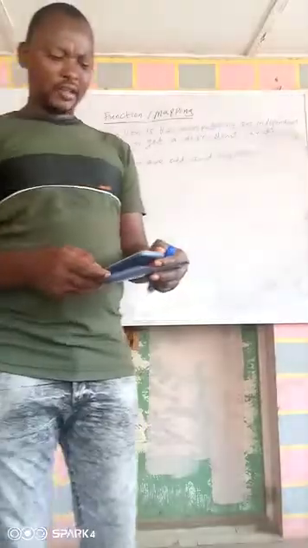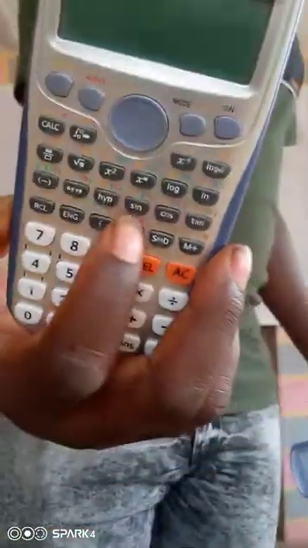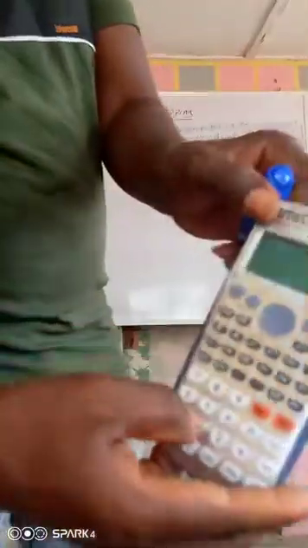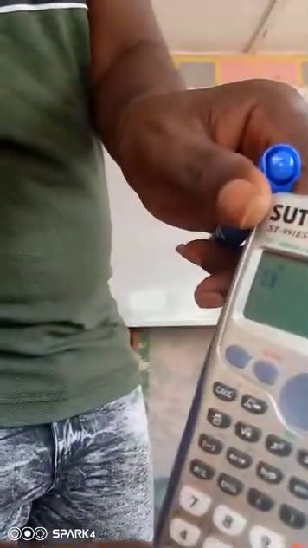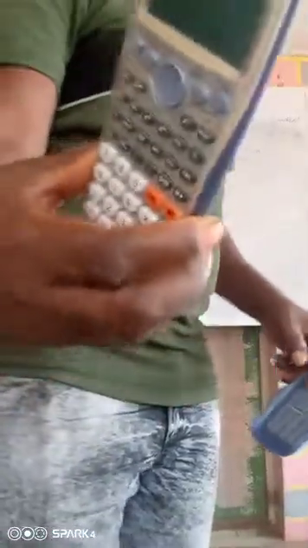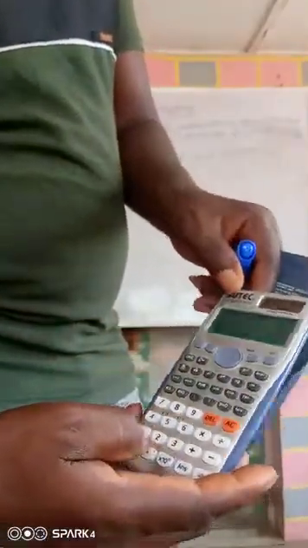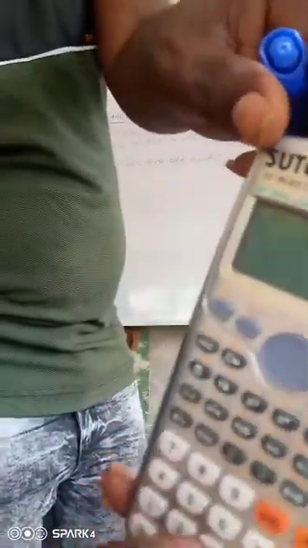Then I take it off and put it on, and I press 2 back. You can see it gave me 2. Then I press 3. Look at it, it also gave me 3.